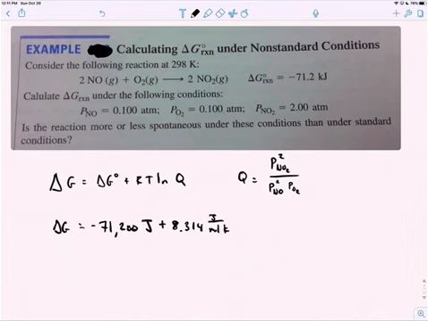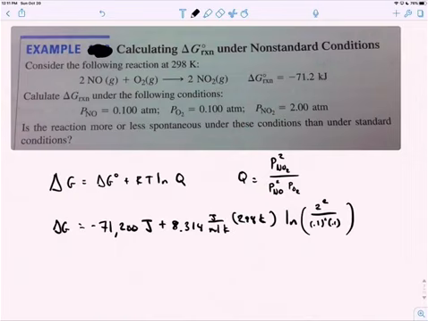So we're still at 298 Kelvin. And then the natural log of the pressure of NO, so 2 squared, all over 0.1 squared times 0.1. So that's 2 squared over 0.1 cubed, that's 4,000.